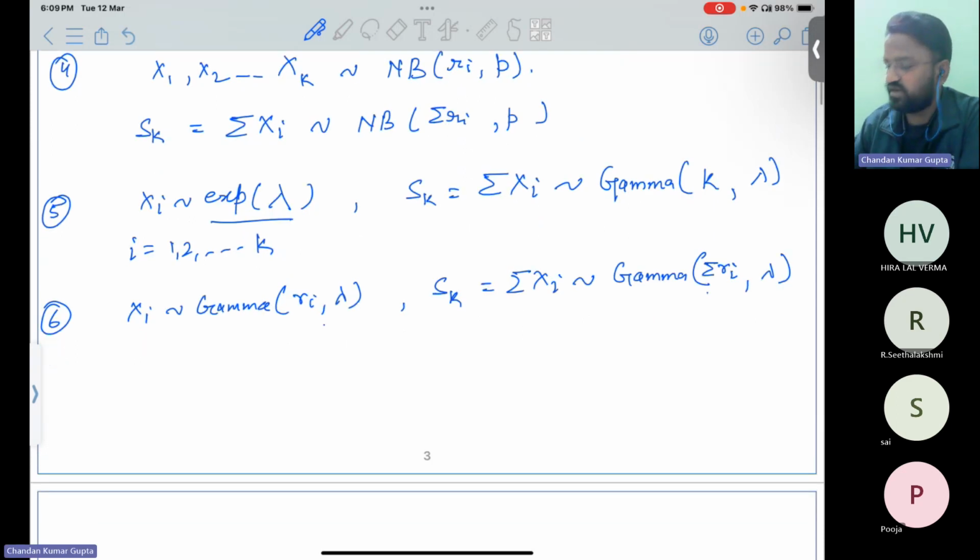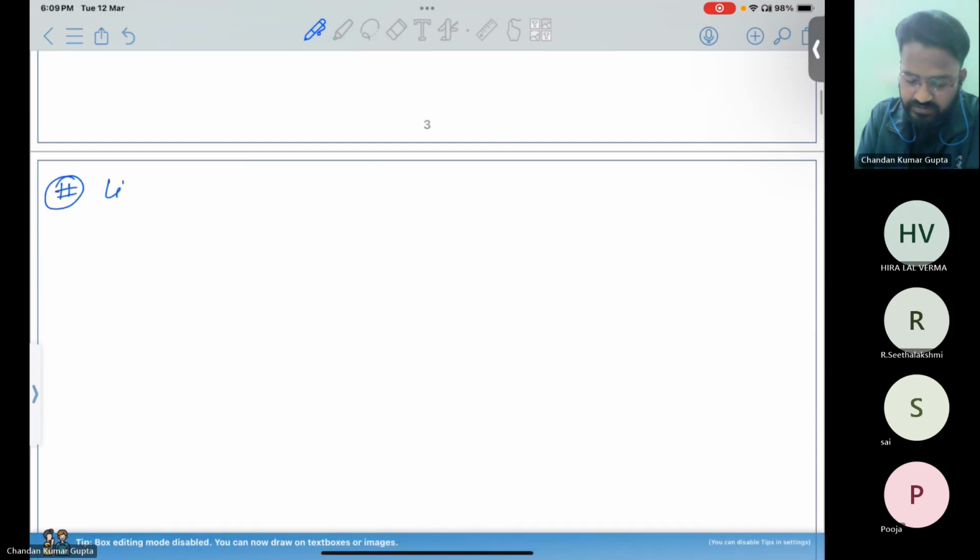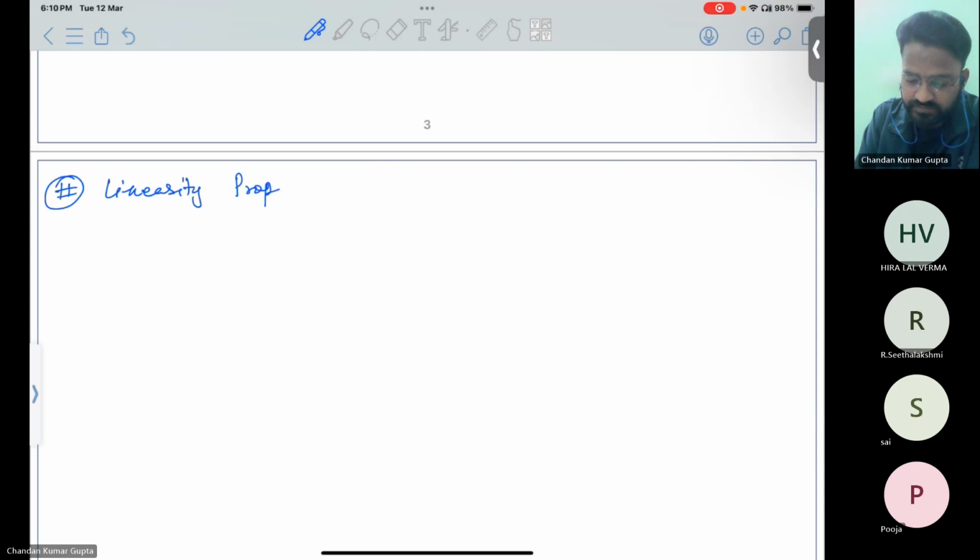Okay, then the linearity property of the normal distribution.